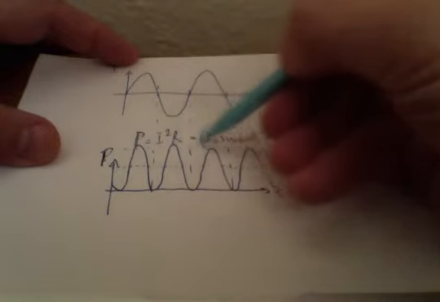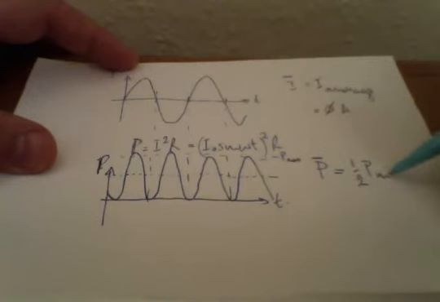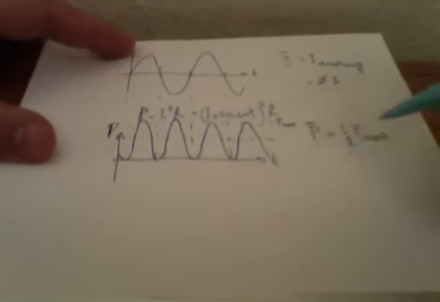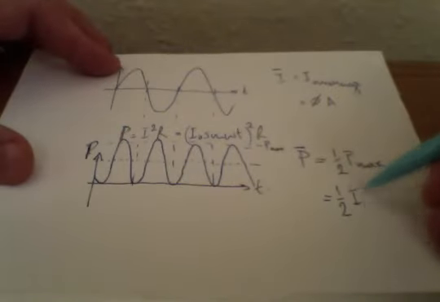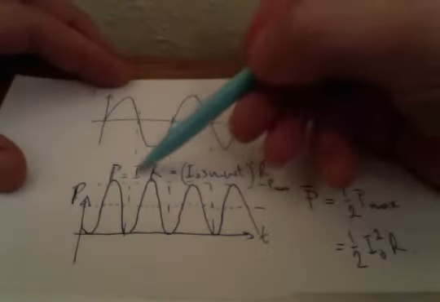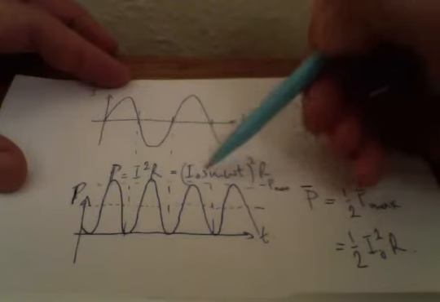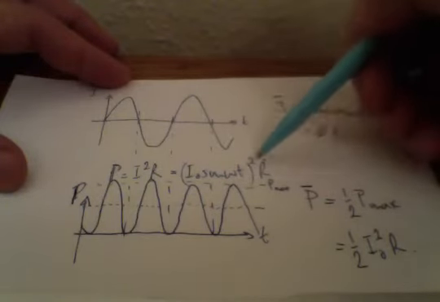If that is my maximum value, then my average is Pmax. In other words, it's going to be a half I naught squared R. Exactly what I have up here, I squared R. But this time I'm changing this factor into a half, so it's half I naught squared R.